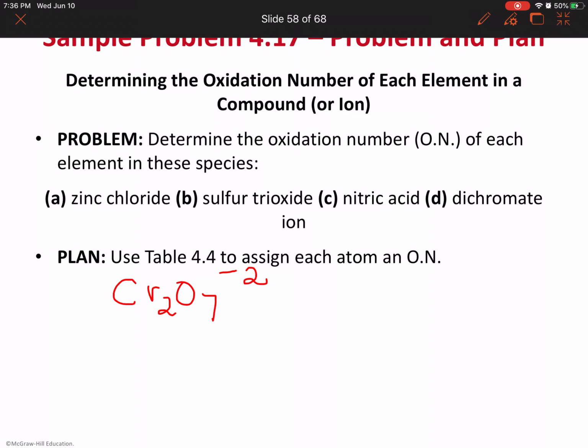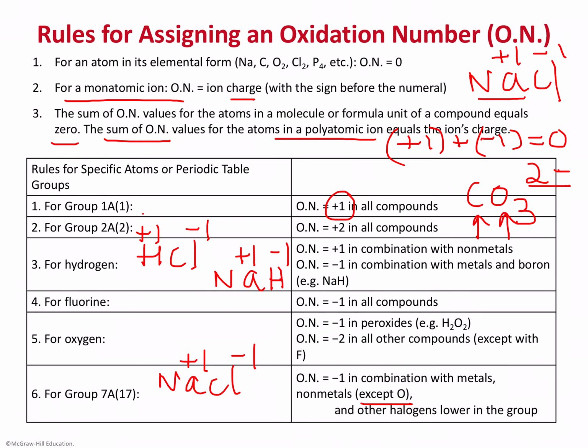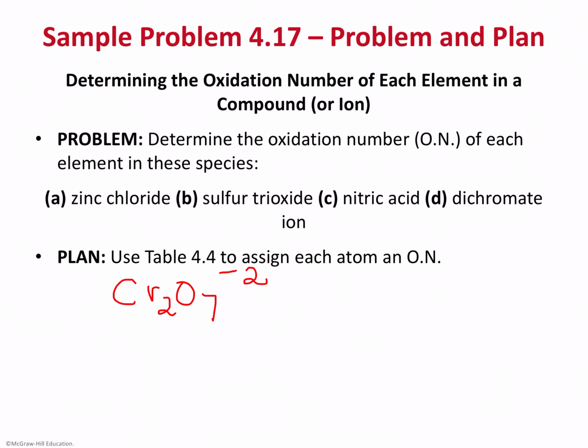And then we're going to refer to the rule that says the sum of oxidation number values for the atoms in a polyatomic ion equals the ion's charge. When you add up the oxidation numbers of chromium and oxygen, it should equal -2, since this is a polyatomic ion, not neutral.